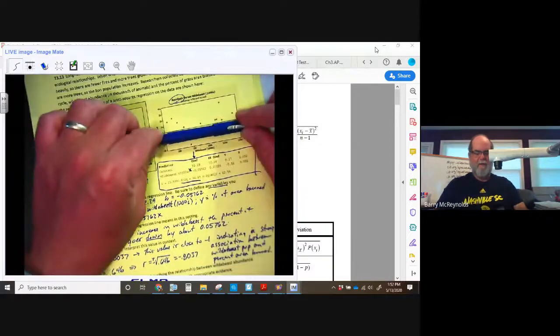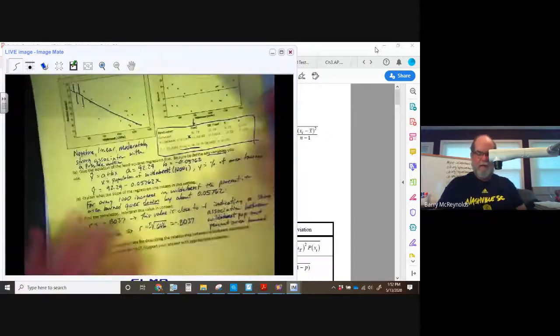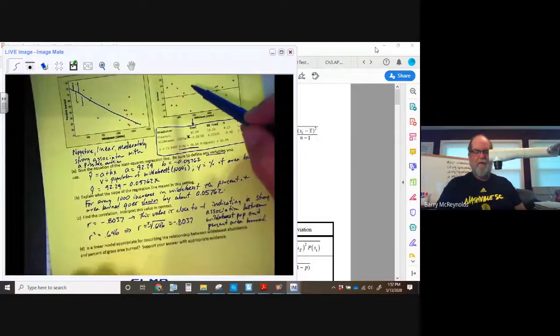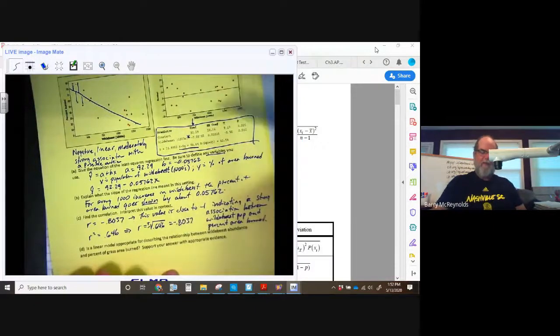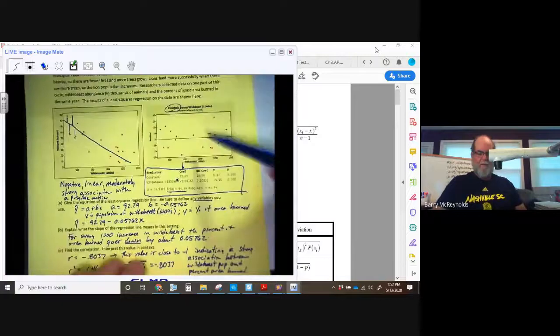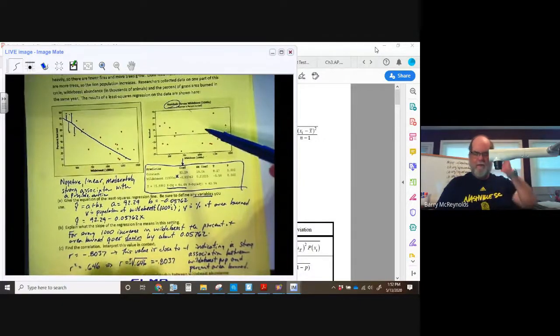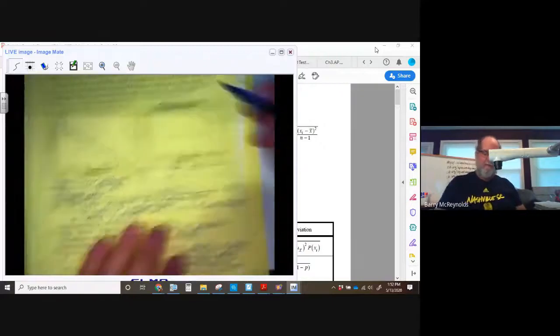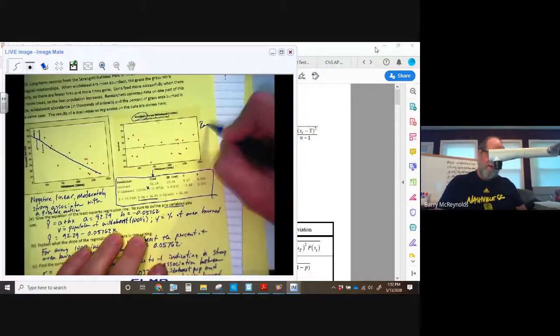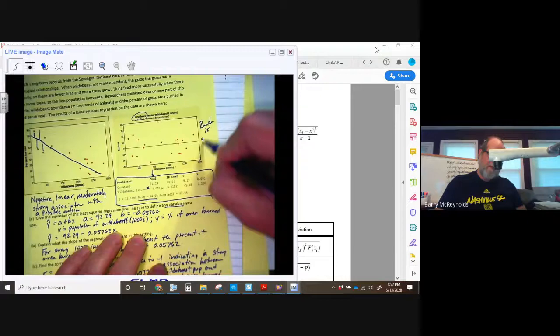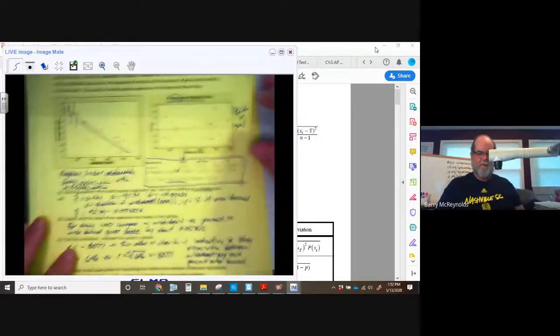So all I'm doing is I'm taking this data, and I'm really just taking this line and plotting it horizontally. But what I'm really looking for is, if a linear model is appropriate, then this pattern is going to be random. This pattern of data here is random. In one of the other classes we had the other day, there was a very definite parabolic shape in the residuals. And so this one is random. And so what that says, that's a good thing. Random is good because that tells us that a linear model is appropriate.